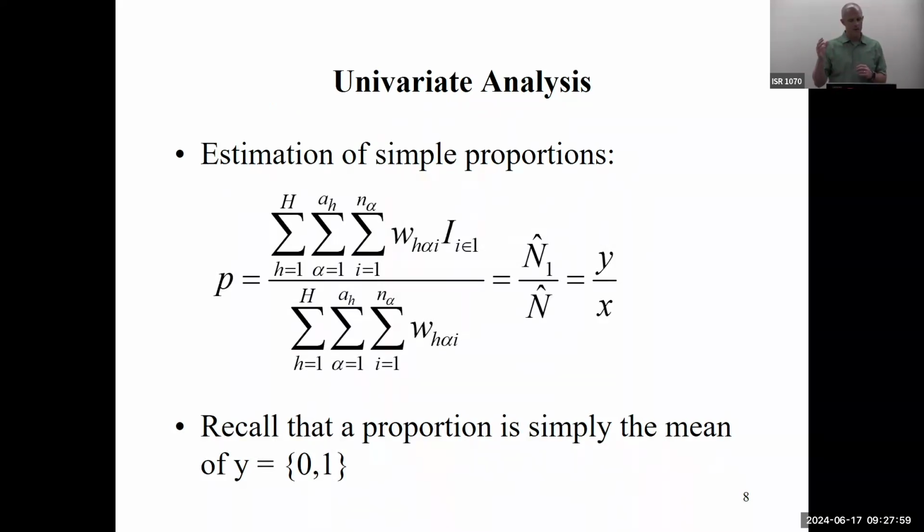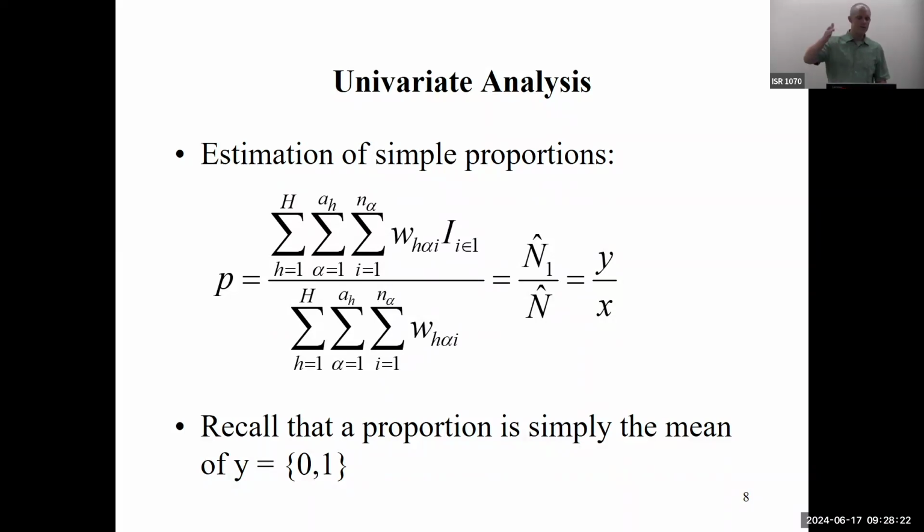That I means that you're part of group 1 in general on this kind of proportion. And we're just calculating the weighted sum of that indicator in the numerator divided by the sum of weights in the denominator. So in other words, a proportion is the estimated size of the population falling into a particular category divided by the total estimated size of the population. That gives us a weighted estimate of that proportion.